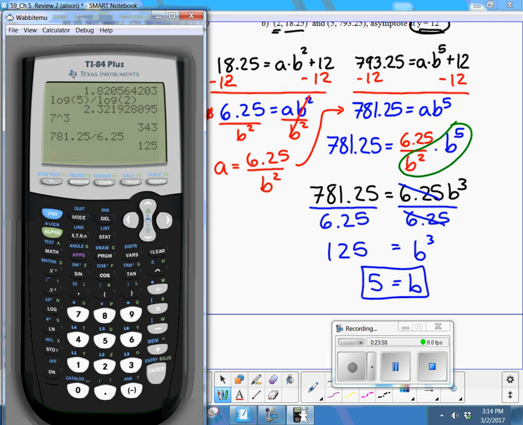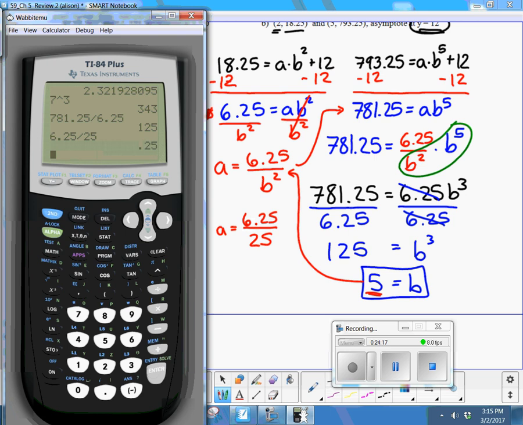And let's see, here's my equation for a. So a must equal 6.25 over b squared, 25. I'm thinking that's a quarter. I'll check it out. 6.25 divided by 25. Sure enough, it is.